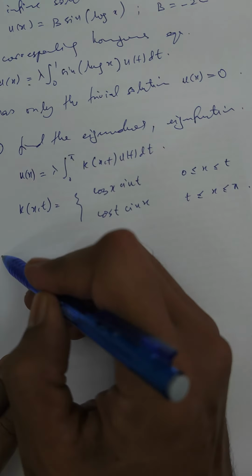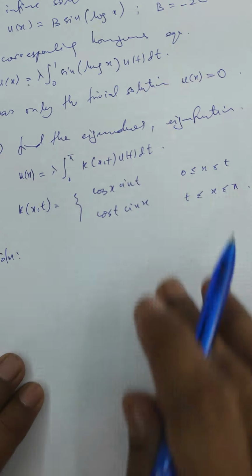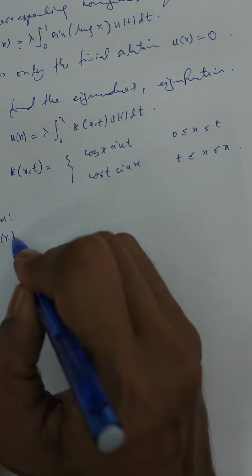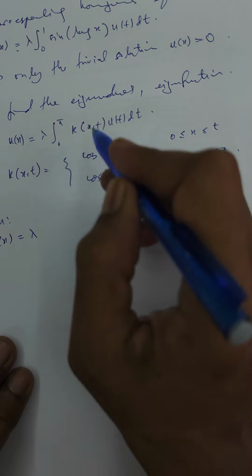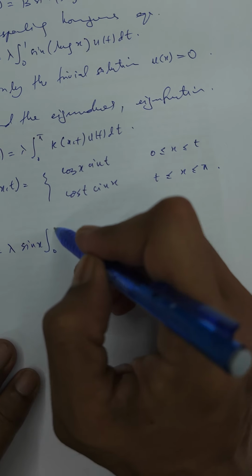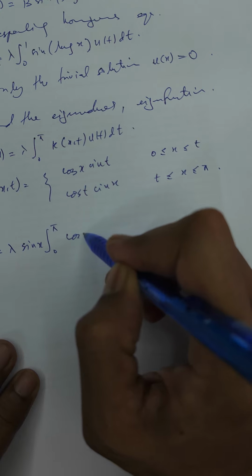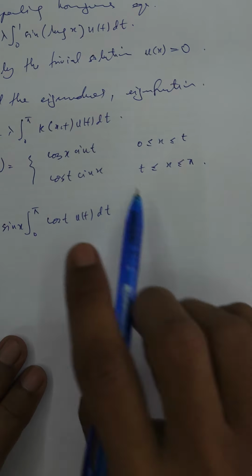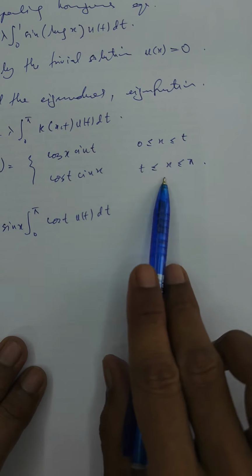So thus the given equation can be written as u(x) equal to lambda sine x times the integral from 0 to pi of cos t u(t) dt. Okay, consider this piece by piece.